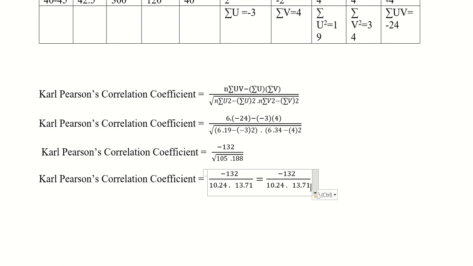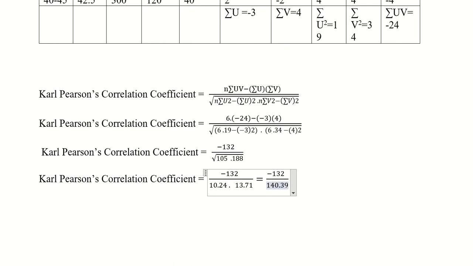I hope this is the answer. 140.49, okay, so maybe there are some decimal values which are different, because I took up to 1 or 2 decimal points, that's fine.